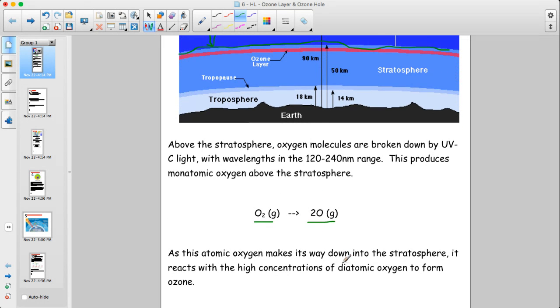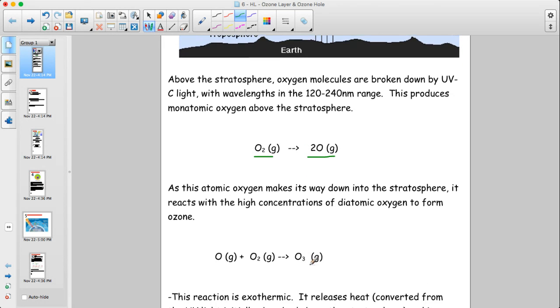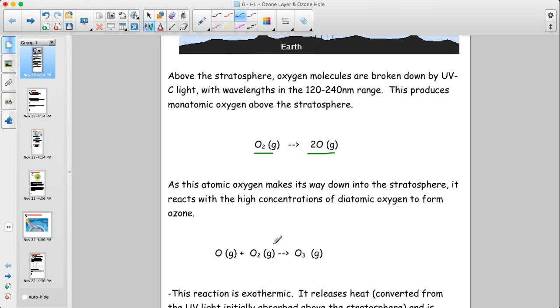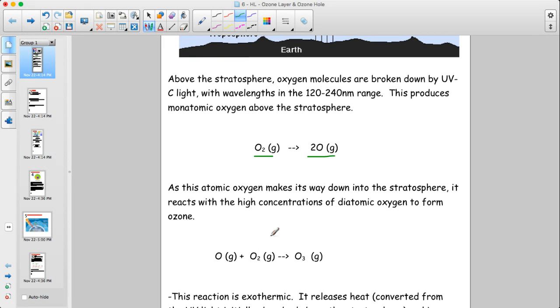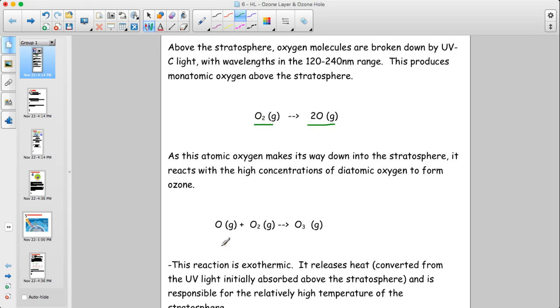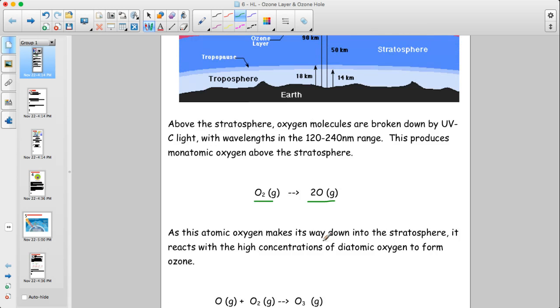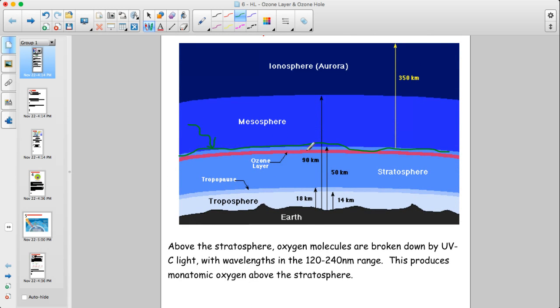As those oxygens naturally diffuse down lower in the atmosphere, the further down you go towards Earth, the more and more gas there is, so the more and more oxygen there is. So further down, the oxygen atoms start colliding with oxygen molecules, and that's how all the ozone gets formed. It only forms here because up at this level is where you're making a lot of monatomic oxygen.